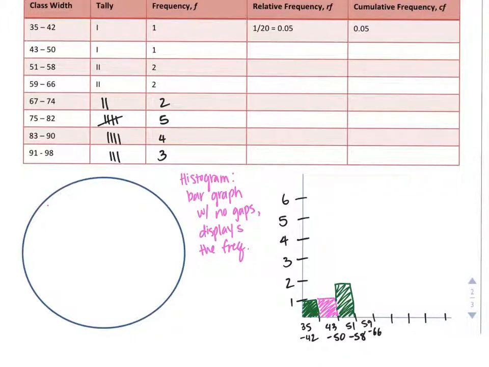My numbers are getting crunched up. It's just because my handwriting is a little bit big for this. It's also a frequency of 2. Next one here is 67 to 74, which also has a frequency of 2.